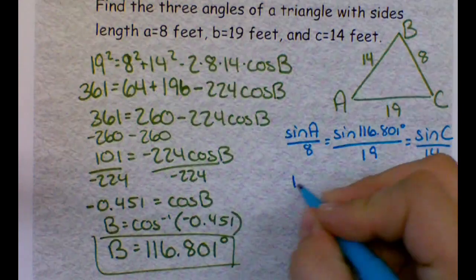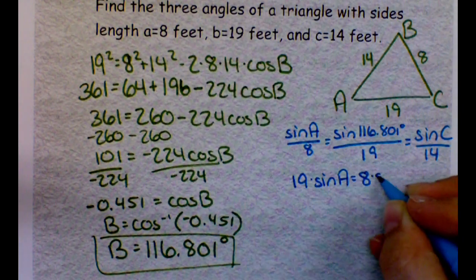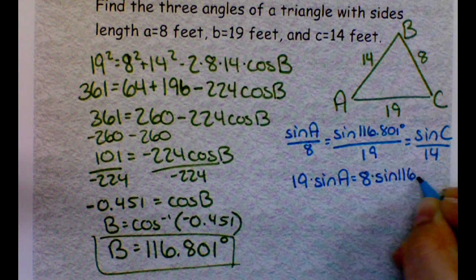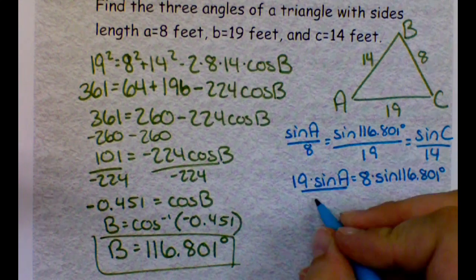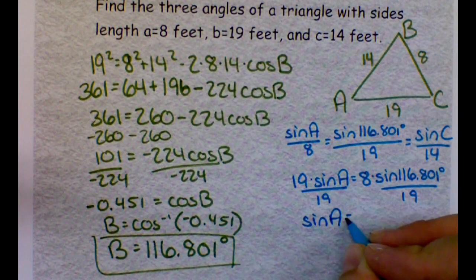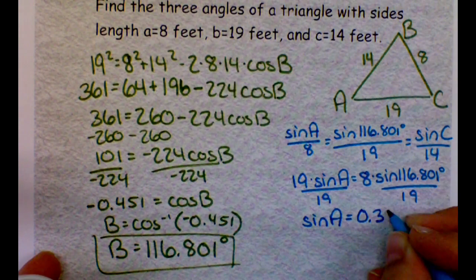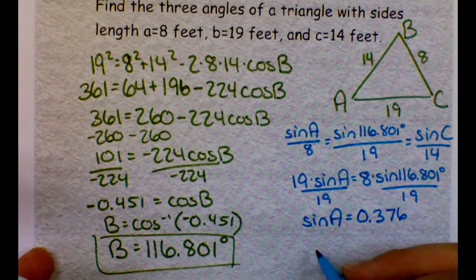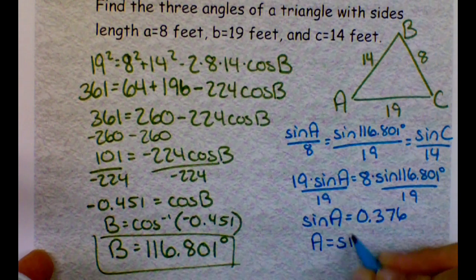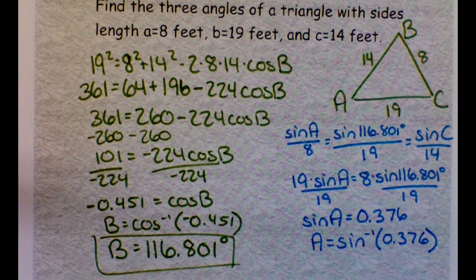Cross multiply here. I get 19 times the sine of A equals 8 times the sine of 116.801. Divide by 19. So the sine of A is about 0.376, and I find angle A using the sine inverse of that.